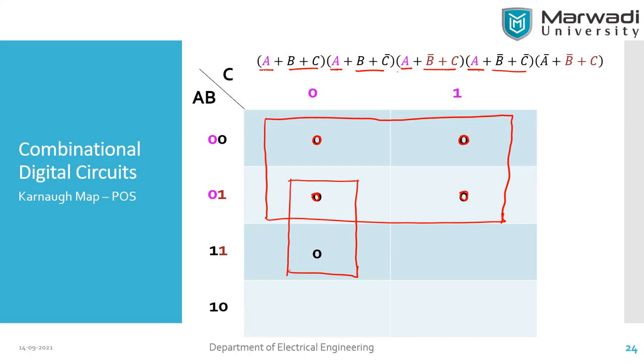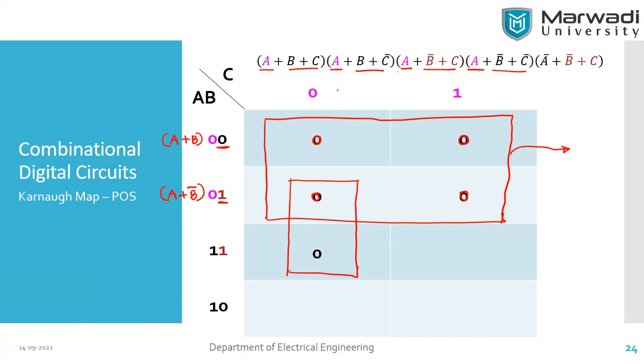Now, A plus B plus C, A plus B plus C bar, A plus B bar plus C, and A plus B bar plus C bar. So this together, here look at this, B bar, right? And this is, sorry, just a minute. Okay. This is A plus B, and this is A plus B bar.